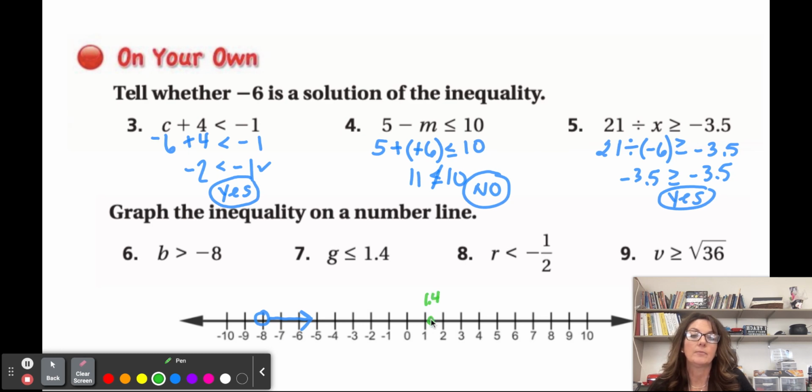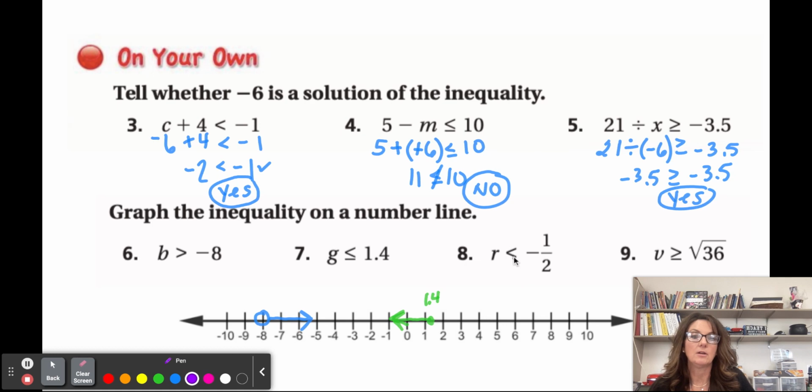And that's telling us the part that it's equal to. That's why it was a closed circle. The variable's on the left, so I know that the line's going to go this way. But also, is 2 less than or equal to 1.4? And the answer is no, so it shouldn't be shaded in. That's how I can test it.